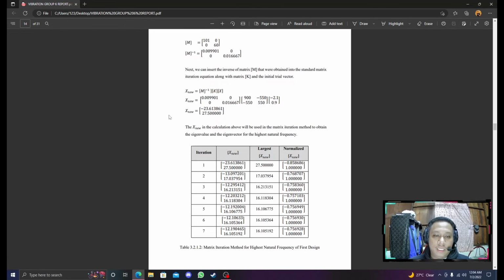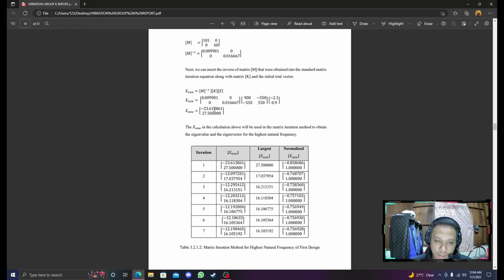As you can see, this is the equation that we use for x new. And this is x new: 0.009901, 0, 0, and 0.016667, times the bracket 600, negative 550, negative 550, 550, and negative 2.1, 0.9.